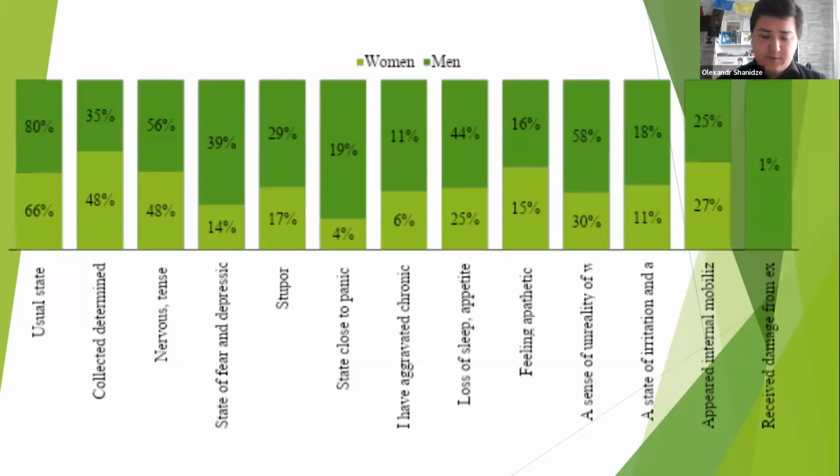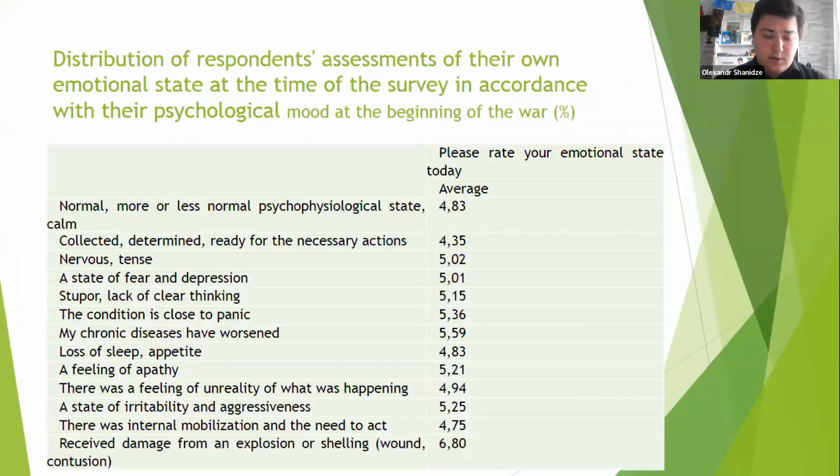In other words, the feeling of anxiety and insecurity still prevailed. Also, it should be noted that the respondents' assessment of their emotional state worsened at the time of the survey compared to the beginning of the war. In table 3, a comparison of the average values of the mood assessment at the start of the war and at the time of the survey is presented.